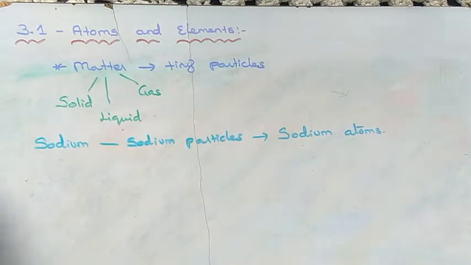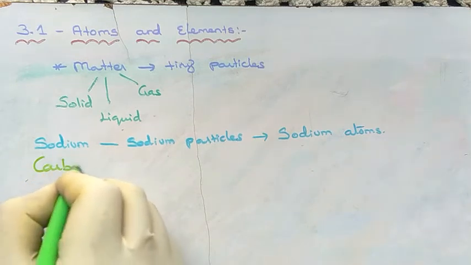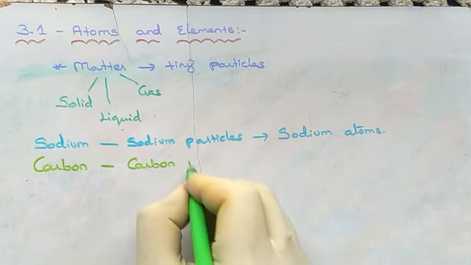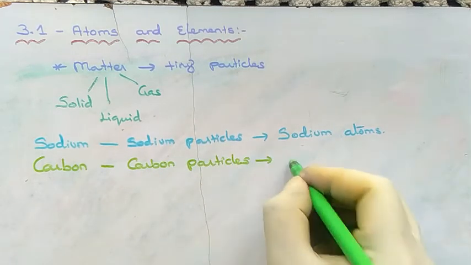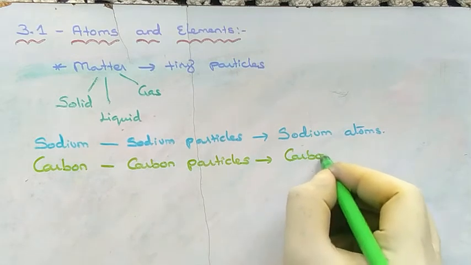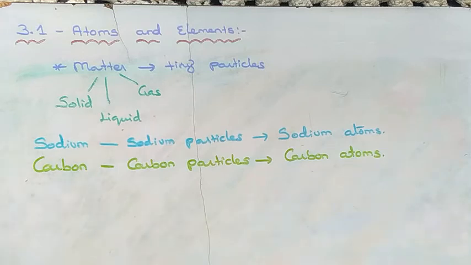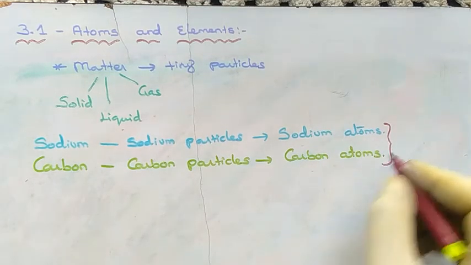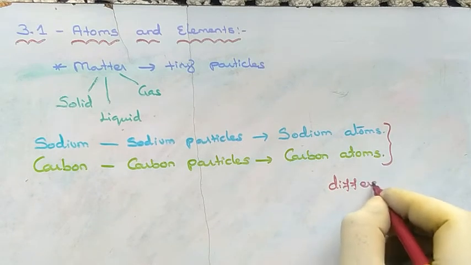As well as carbon is made up of carbon particles, and those particles can be called carbon atoms. But when we compare sodium and carbon particles, they are entirely different from each other.